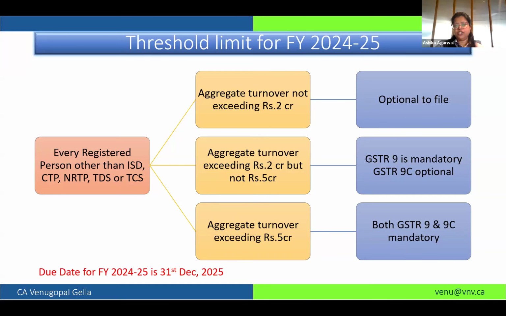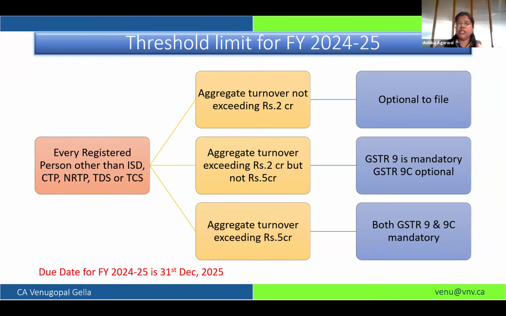Here, with the threshold, one more thing I want to bring to your notice is we always have a tendency of interpreting this threshold as taxable turnover. That you people have to keep in mind: the threshold is not determined based on taxable turnover. It is determined based on aggregate turnover.